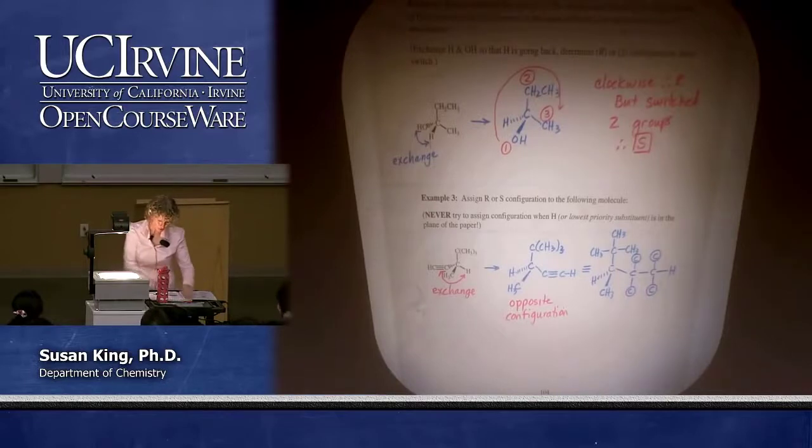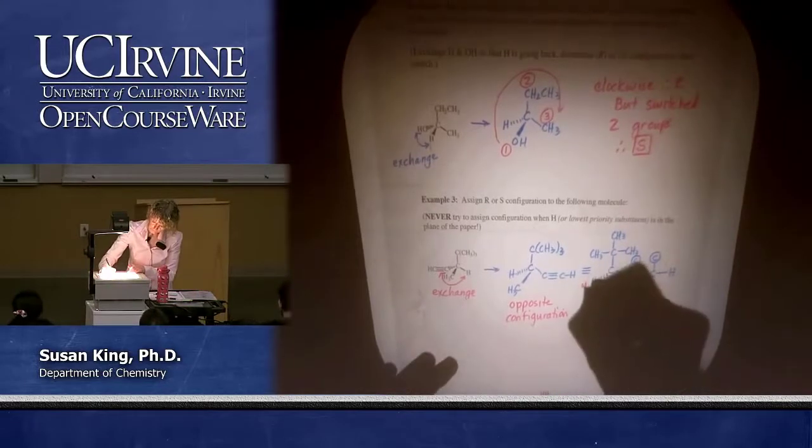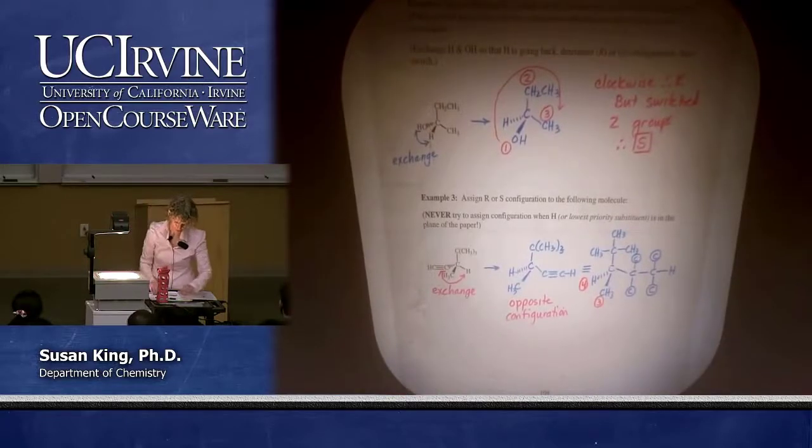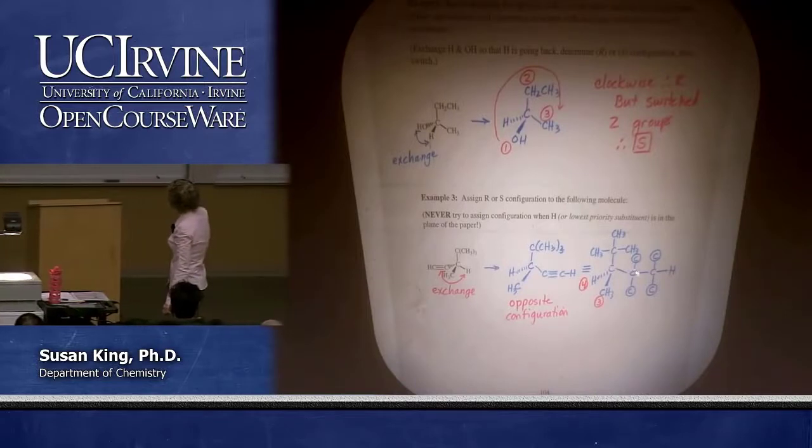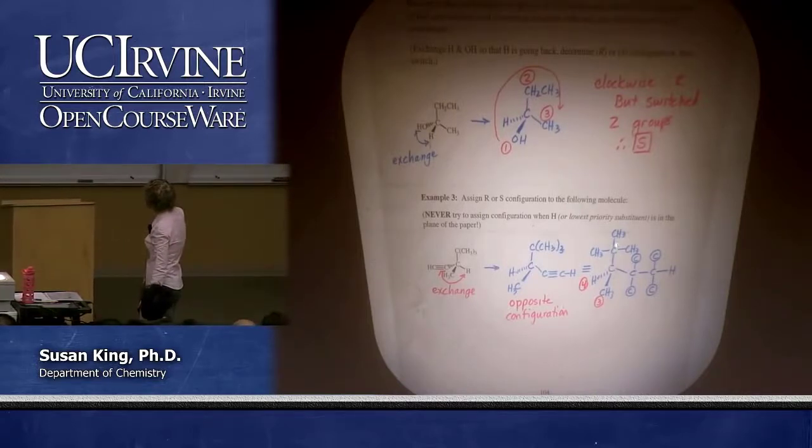So definitely hydrogen is 4. Methyl is 3. Let's follow this one atom at a time. So we have a carbon and a carbon, so we're going to go one more atom. Carbon, carbon. We could go here, we could go here. Carbon, carbon, hydrogen, carbon, carbon, carbon.